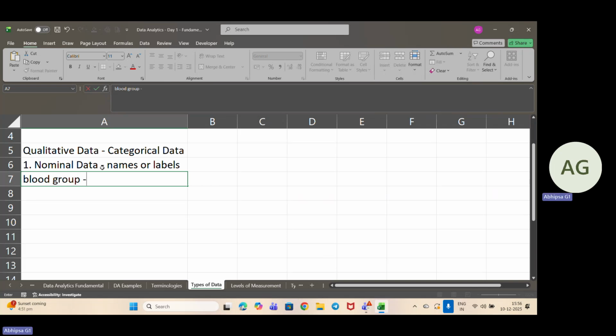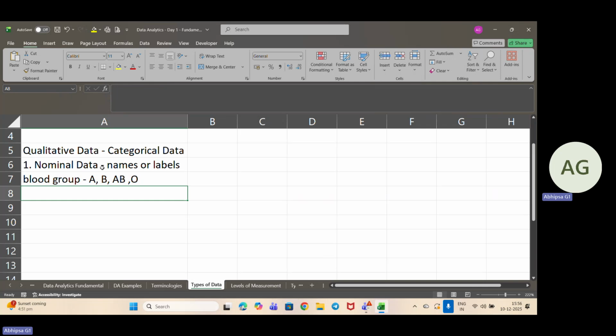The different types of blood groups like A, B, AB, O are defining the labels or names. There is no specific ranking or order, like blood group A is good, blood group B is not good. This kind of thing is not there. So all categories are actually equal.